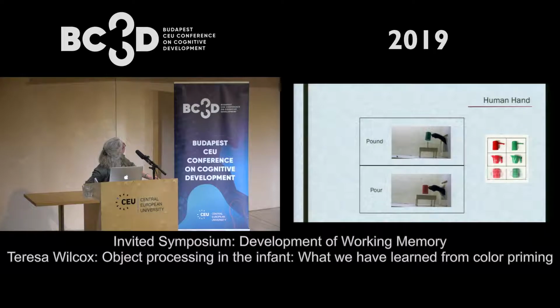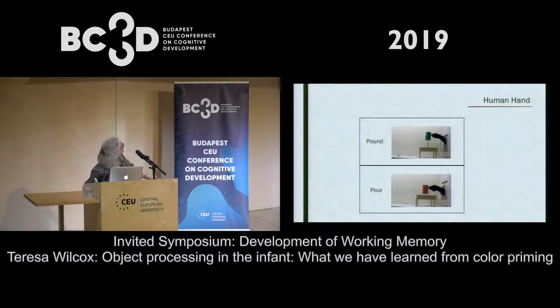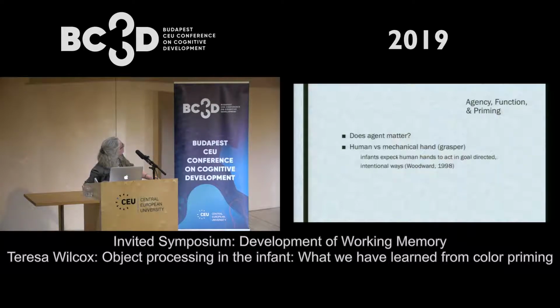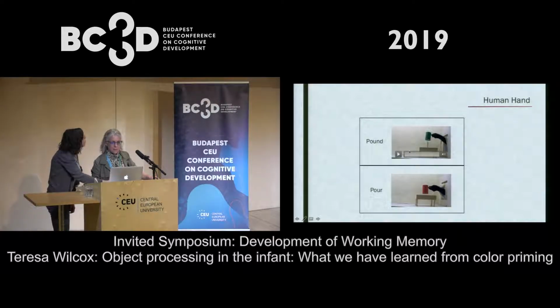Okay, so here's a pound event. Oh, see, now I have to go backwards. Okay, yeah. I'm going to watch up here. Why does it not want to do that? I was going to show you my pound and pour event. Oh. It doesn't want to do it.